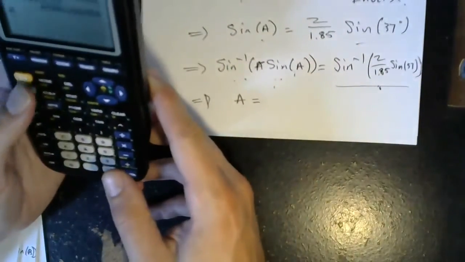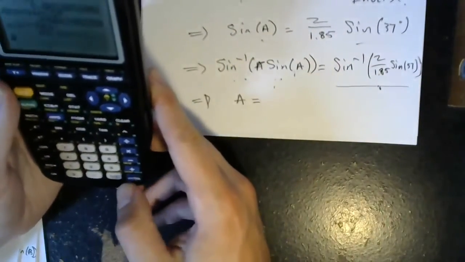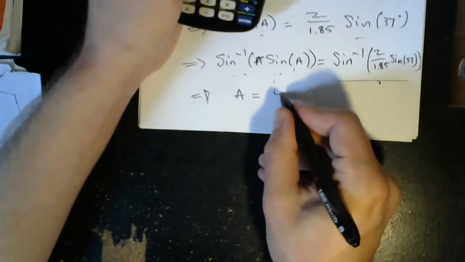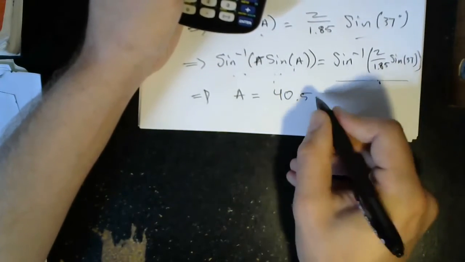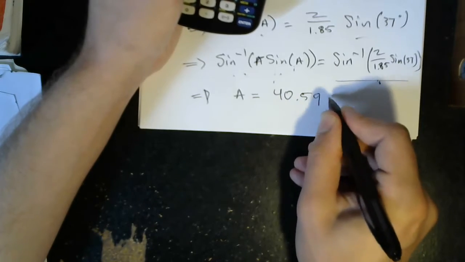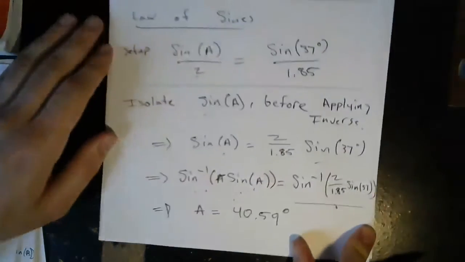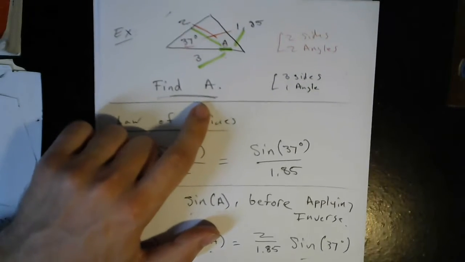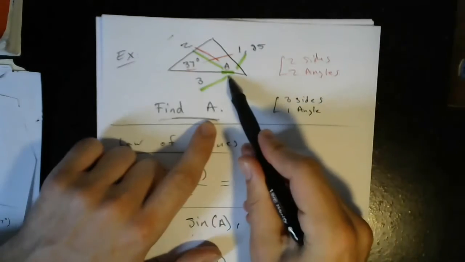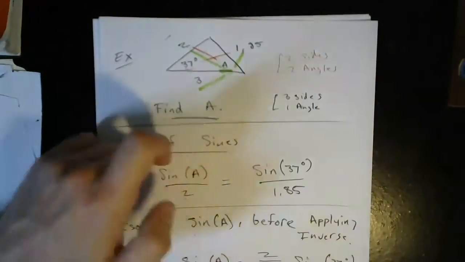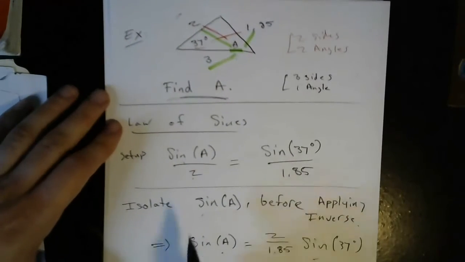And then we do sine inverse of the answer. I have this in degrees. So we're going to get 40.59 degrees rounded. Right? So we can find the value of an angle using another paired angle inside. So we found A using law of sines.